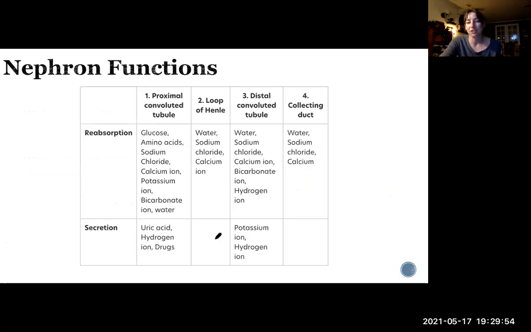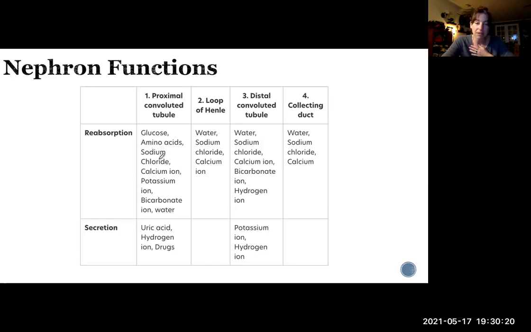Here is a detailed chart showing you exactly what types of things are reabsorbed and secreted in various parts of the nephron. In the proximal convoluted tubule, you've got glucose, so your sugars you're going to bring back into the bloodstream. Amino acids you're going to bring back into the bloodstream.